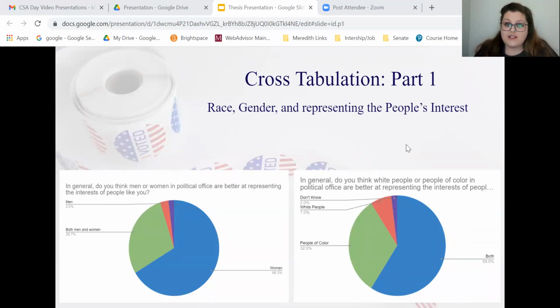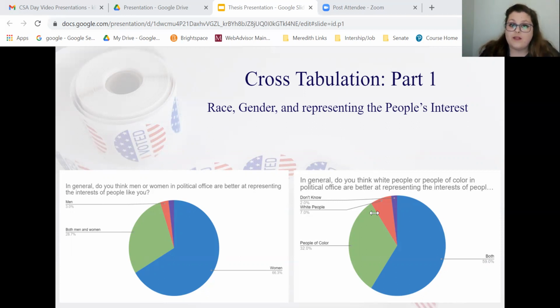For gender and race, the respondents were asked, in general, do you think men or women in political office are better at representing the interests of people like you? And 63% of the respondents said that women were better at representing the interests of people like them. Now, I made some inferences based on this.